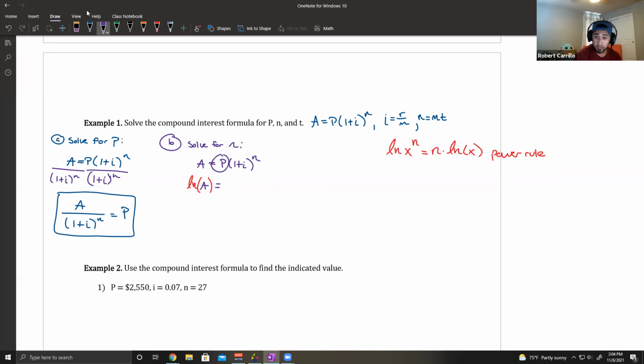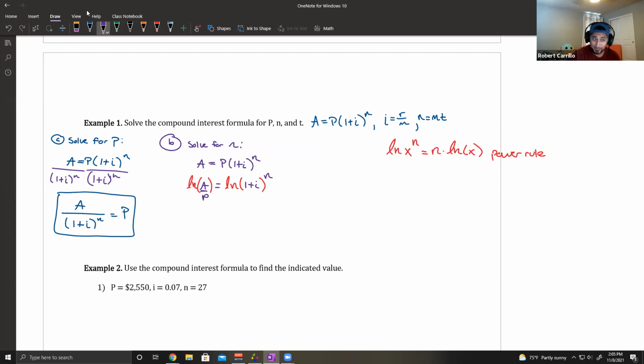Sorry. So first thing we're going to do is divide by P. Don't worry, don't have to erase anything. So this will be the natural log of A over P. So we just divide that P. And then I'll have the natural log of (1 plus I) all raised to the n.